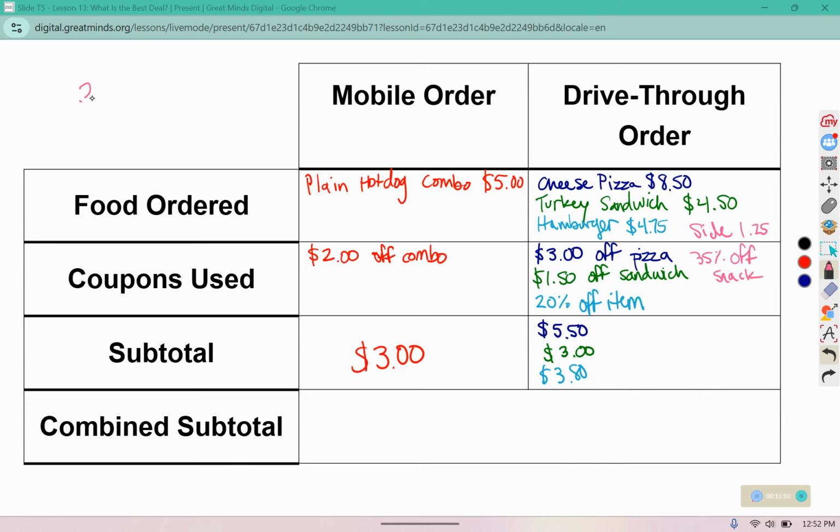So 35% off of $1.25 will save us approximately 44 cents. So $1.25 minus 44 cents means that the side is still going to cost us 55 cents. Oh, I did that wrong. $1.25 minus 44 cents is 81 cents.